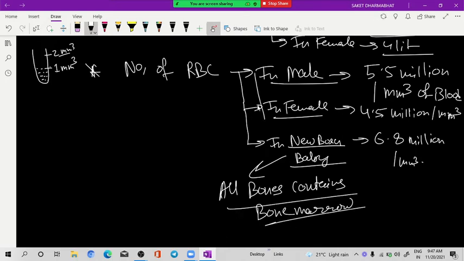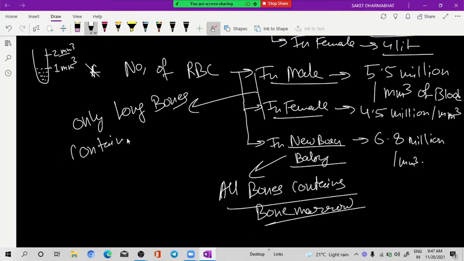But in adult male and female, only long bones contain bone marrow. That's why more RBCs are found in a newborn baby. Clear or not?